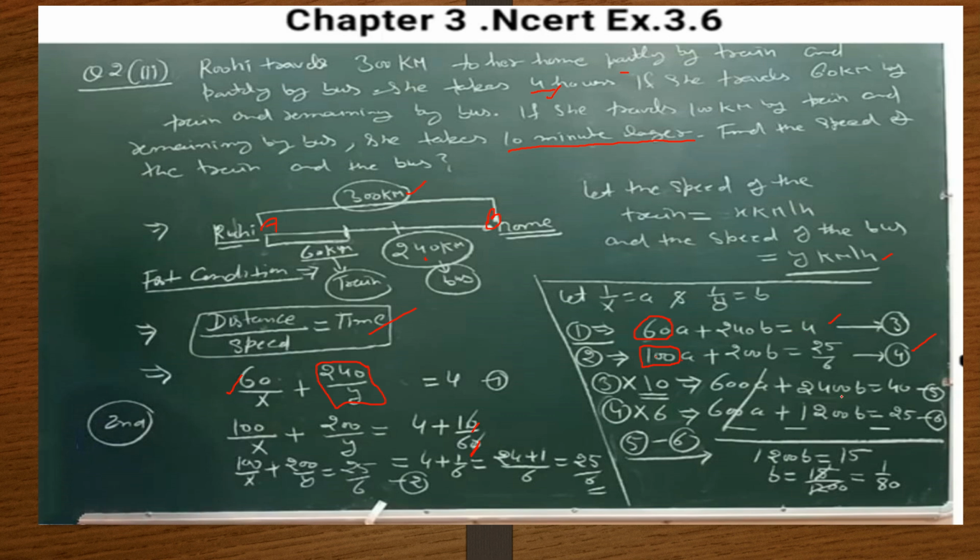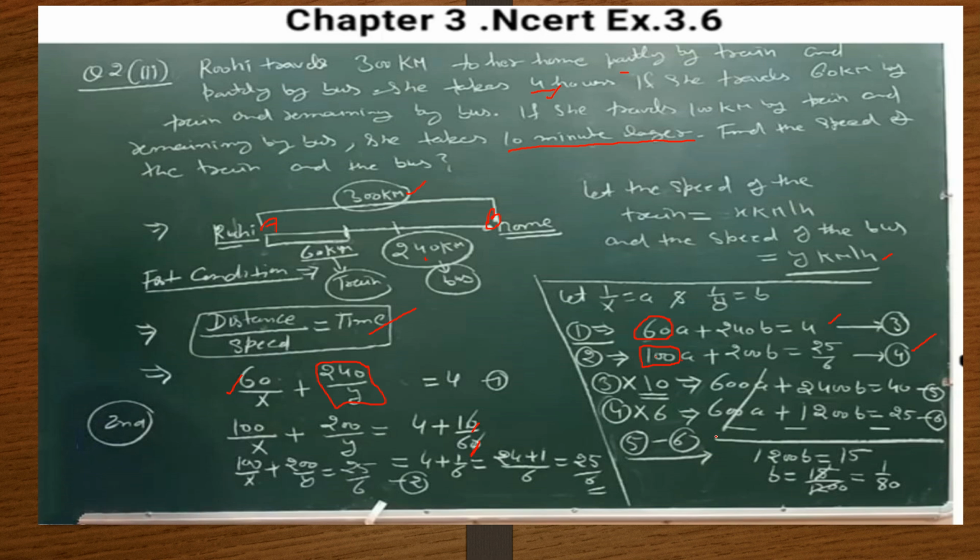So here we have multiplied by 10, and it comes to 600a plus 2400b is equal to 40. And when we multiply with 6, 100a becomes 600a, 200 multiplied by 6 is 1200b, and 25 by 6 multiplied by 6, the 6s will cancel, so 25. This is the sixth equation.